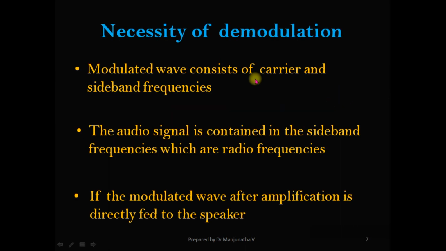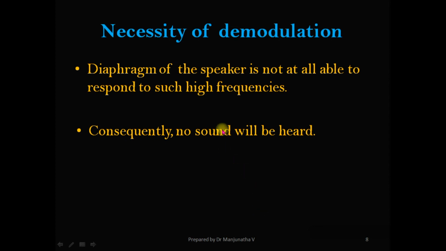What is the necessity of demodulation? The modulated wave consists of the carrier wave as well as sideband frequencies. The audio signal is contained in the sideband frequencies, which are radio frequencies. If the modulated wave after amplification is directly fed to the speaker, then the diaphragm of the speaker is not at all able to respond to such high frequencies.